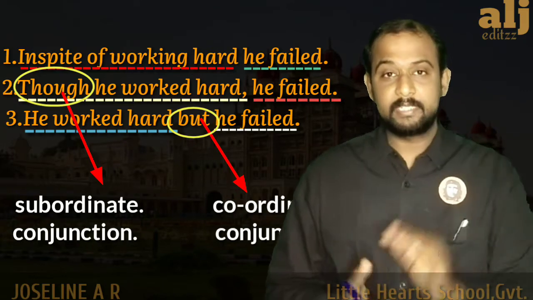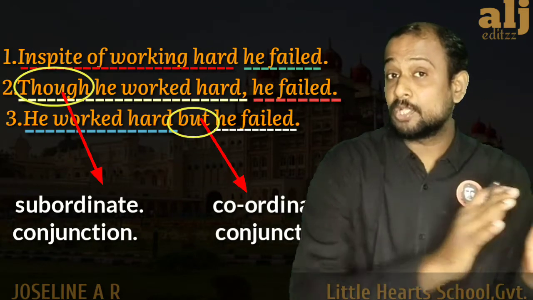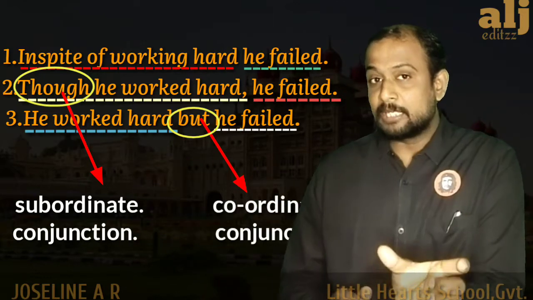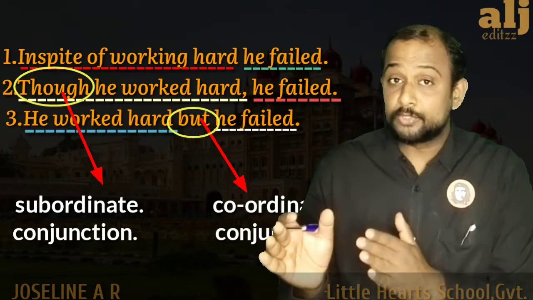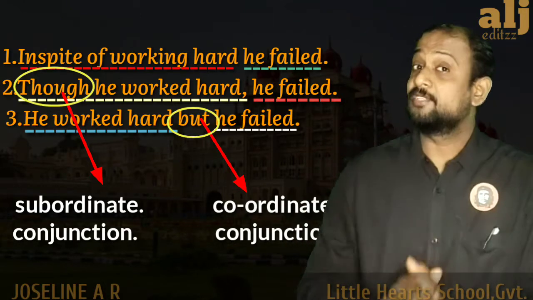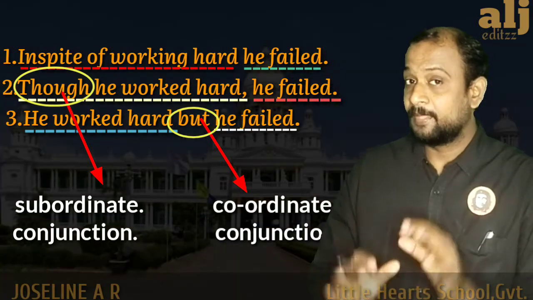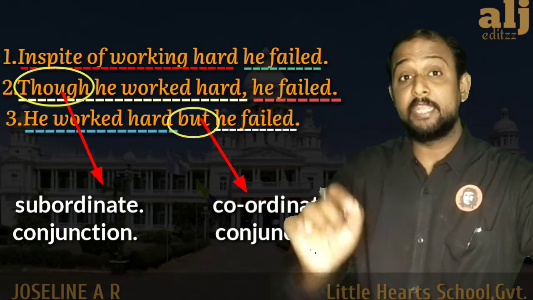In one of my previous classes, I taught how to differentiate a main clause from a dependent clause. Dependent clauses or subordinating clauses are always introduced by subordinating conjunctions. I think you remember them. Remember that a subordinate clause is always introduced by a subordinator.